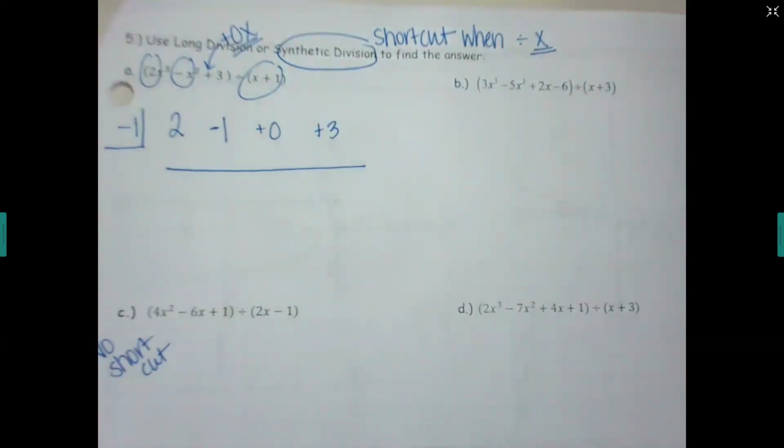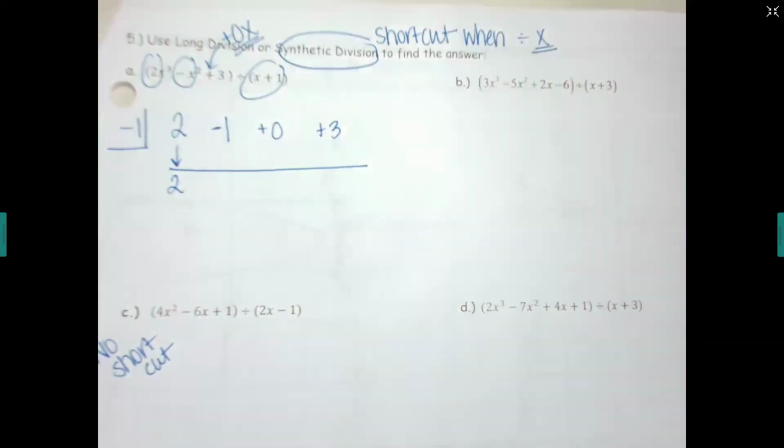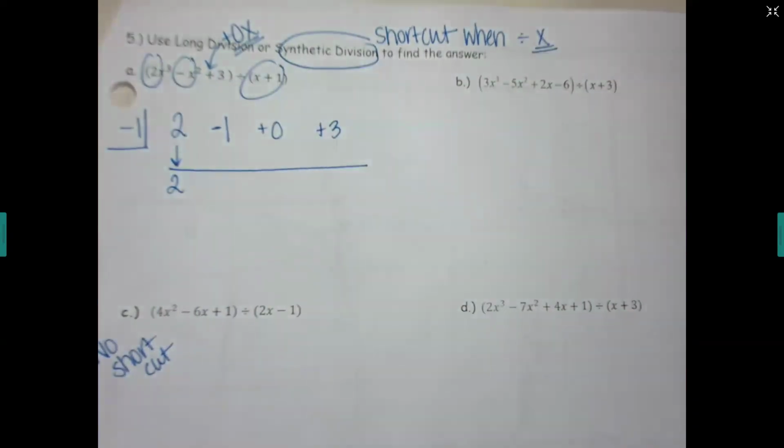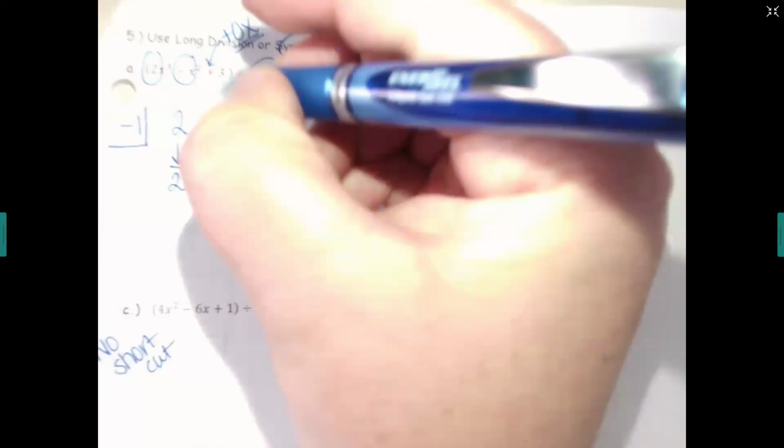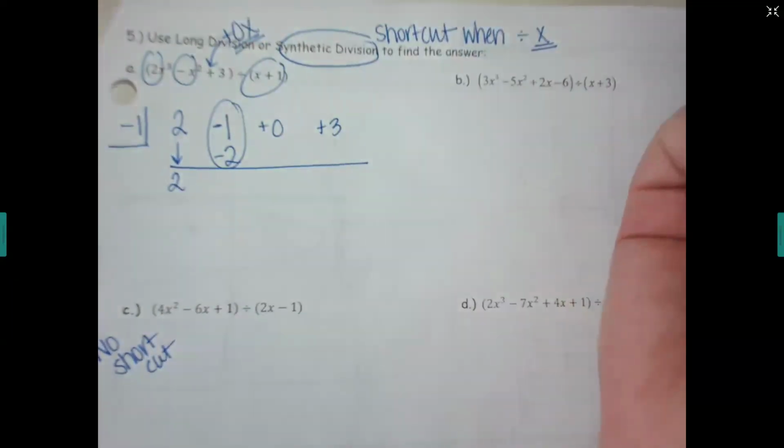First number comes straight down. So if it was a 2, it's still a 2. What is 2 times the box, which is a negative 1? 2 times negative 1 is negative 2. And then remember, I'm adding that next column. So negative 1 and negative 2 add to what?